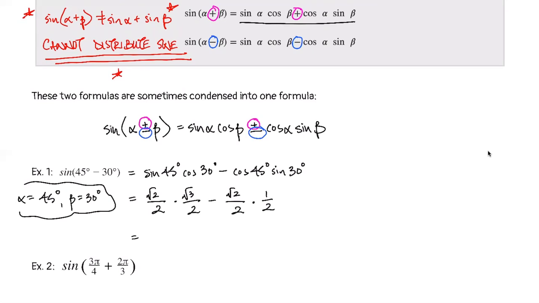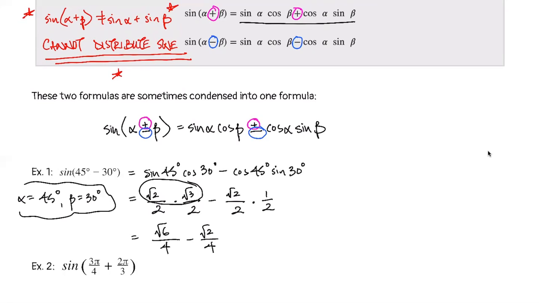So when we have root 2 times root 3, we actually get root 6. And when we have 2 times 2 on the bottom, we actually get 4. So that first set of fractions goes to root 6 over 4. What does the second set of fractions go to? Good, root 2 over 4.